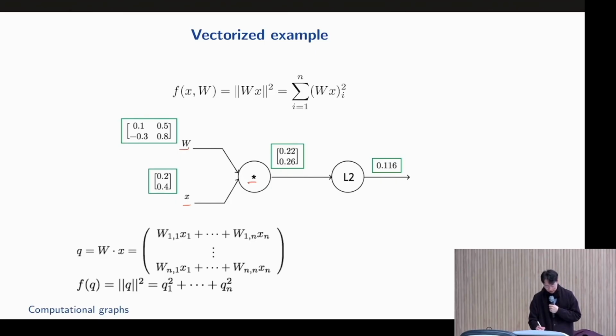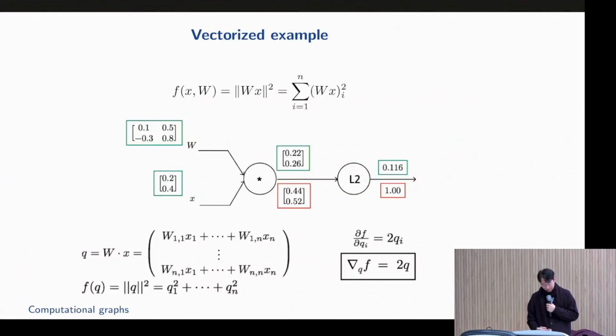Let's give this a name: Q. Q is W times X, which is a 2 by 2 matrix times a 2-dimensional vector. The L2 norm squared is simply each element squared and summed up. So that's the forward pass: you take Wx, do a matrix-vector multiply, take the L2 norm, and that's your output. That's the easy part.